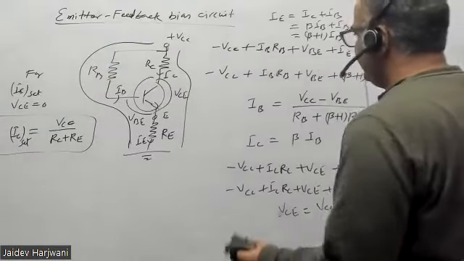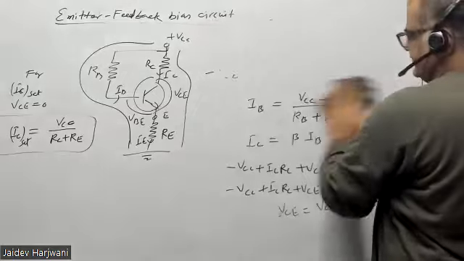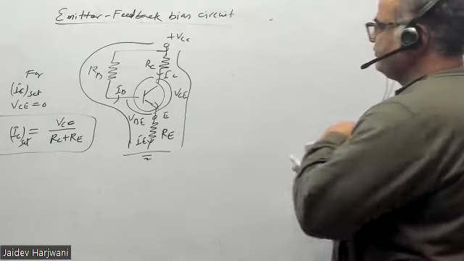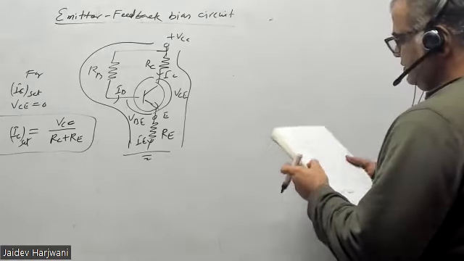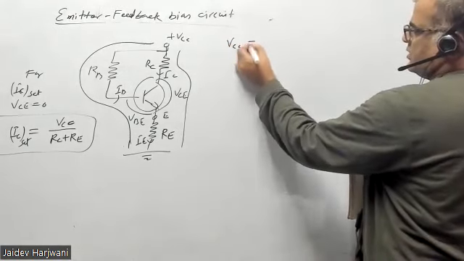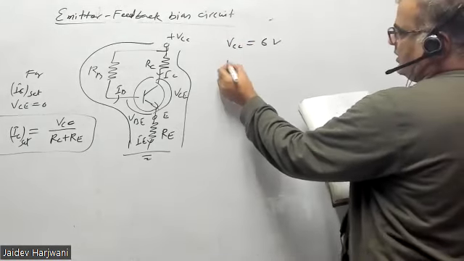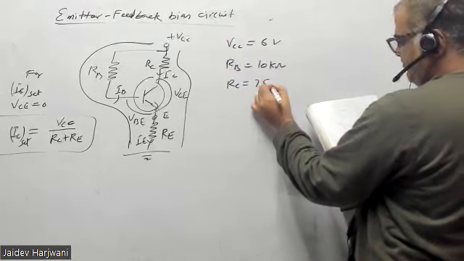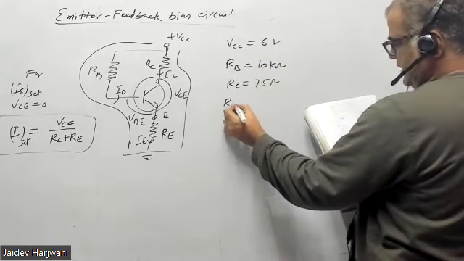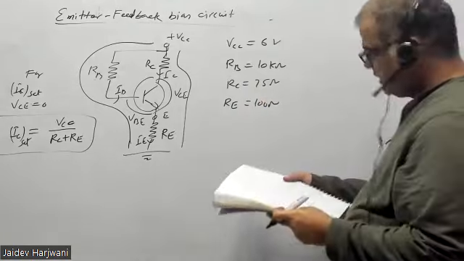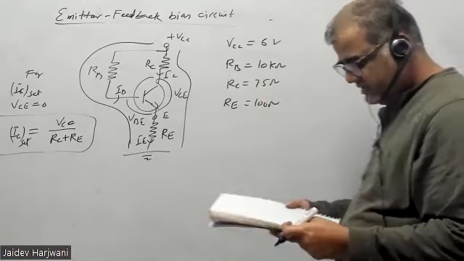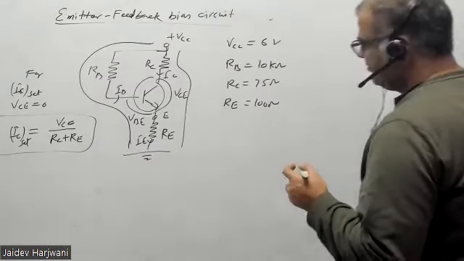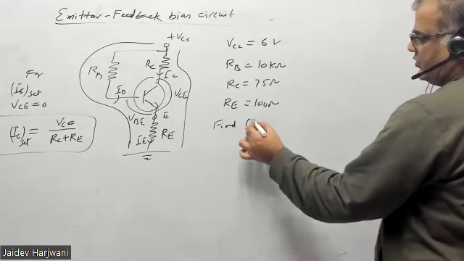Let us give values. VCC is given 6 volt. RB is given 10 kilo. RC is given 75 ohm. And RE is given 100 ohm. So find the Q point.